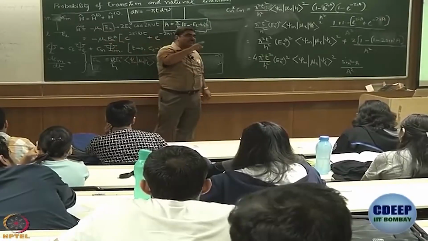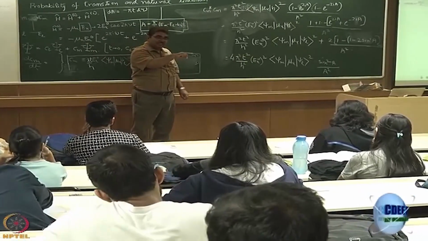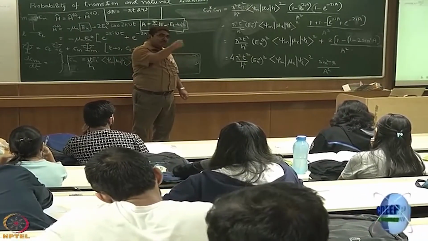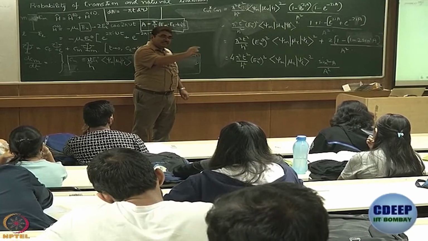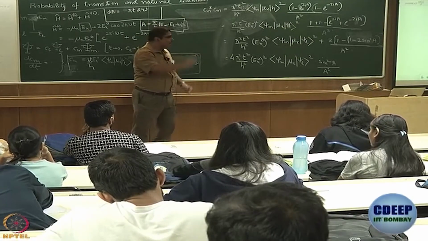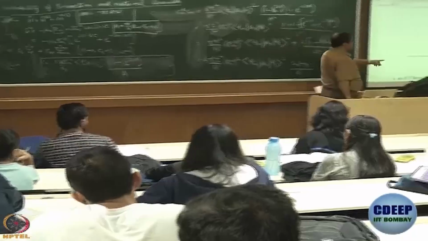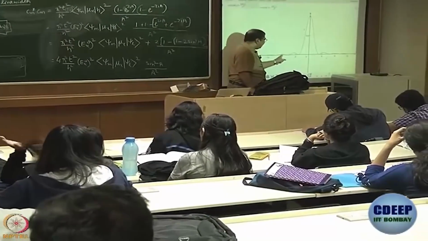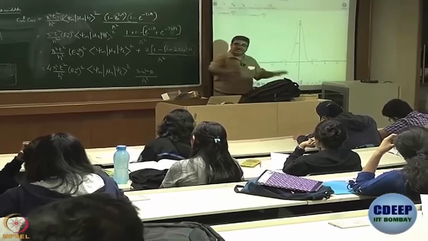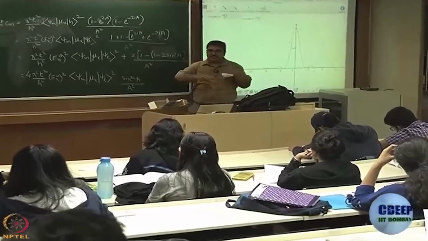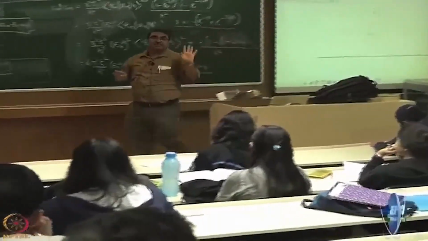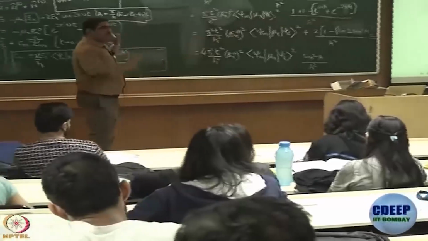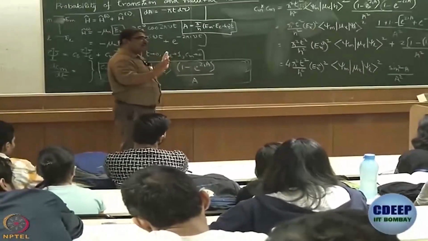But the distribution comes out of a periodic function. So that's why the probability is also periodic. There are some transitions which have a little higher probability. For example, this transition has a little higher probability than this one, and definitely a higher probability than this one, but it dies off quickly. So this arises out of the periodic nature of the wave function itself. Okay? Can I go ahead?